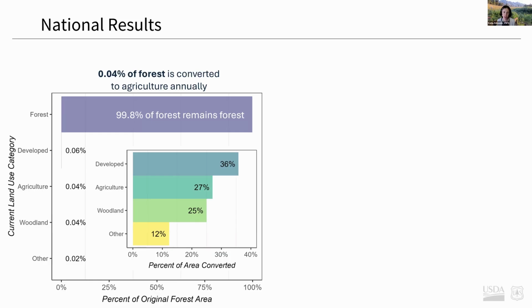And it's also interesting to note that the amount of forest converted to agriculture is roughly similar to the amount of forest converted to woodland. And forest conversion to woodland is typically a natural transition occurring without human intervention. And it simply indicates that a plot no longer meets the height requirement to be considered forest under the international definition of forest land use, although it would still be considered forest based on the FIA definition.